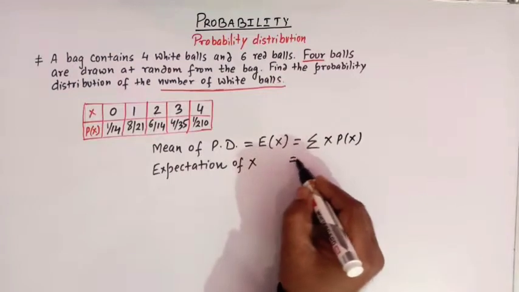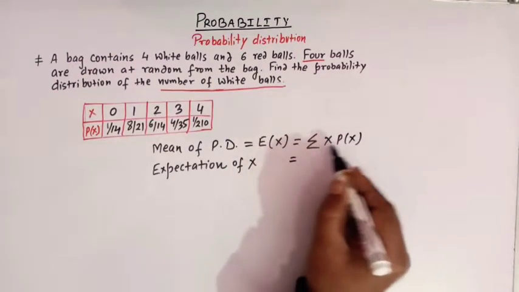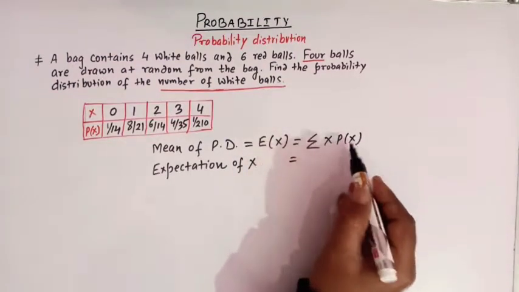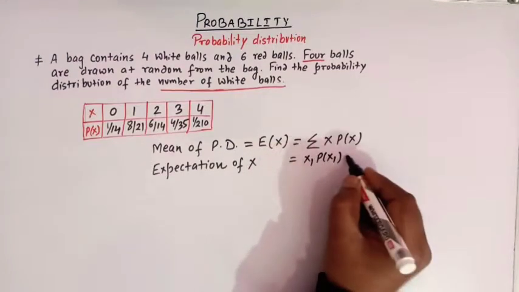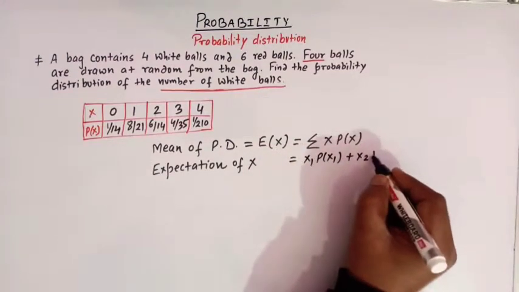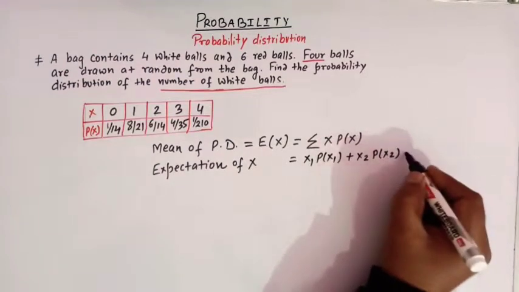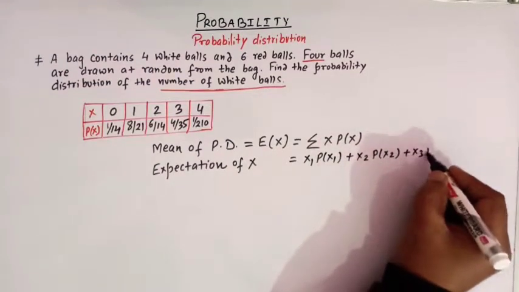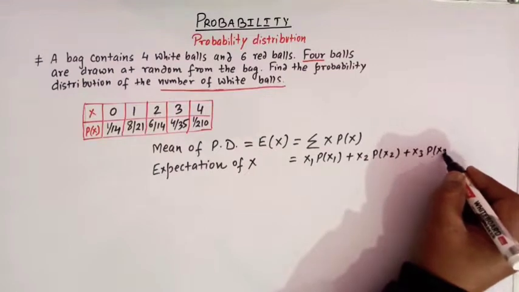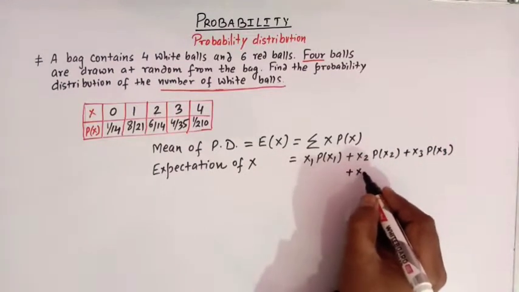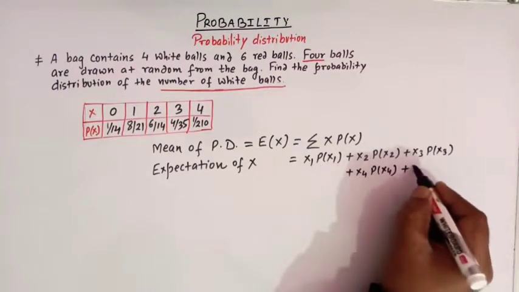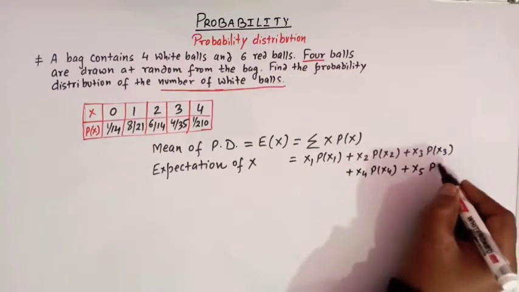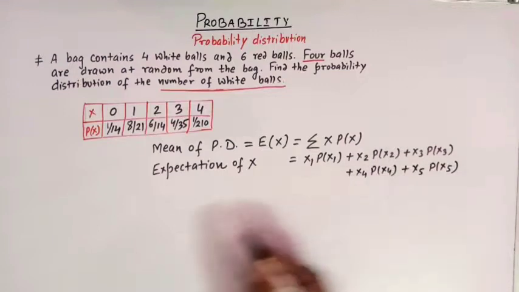So here we can also write sigma of x p of x as x1 p of x1 plus x2 p of x2 plus x3 p of x3. Then we have x4 p of x4 plus x5 p of x5, right?